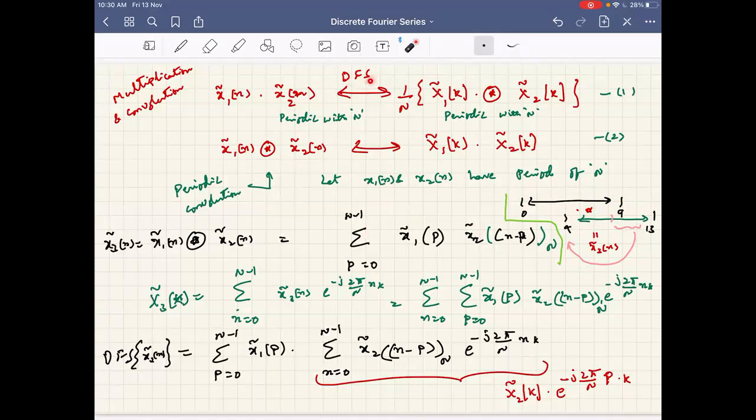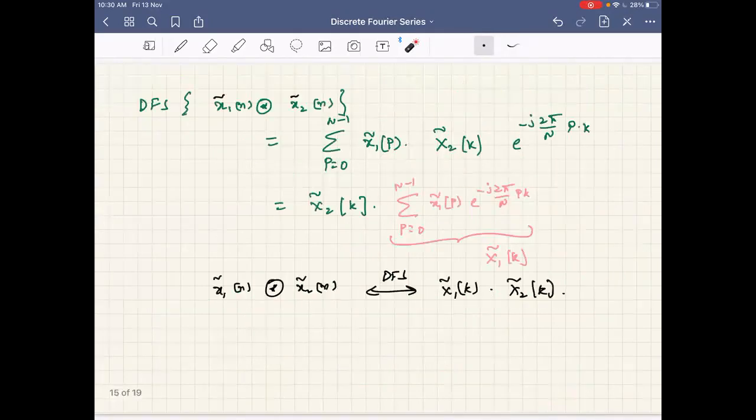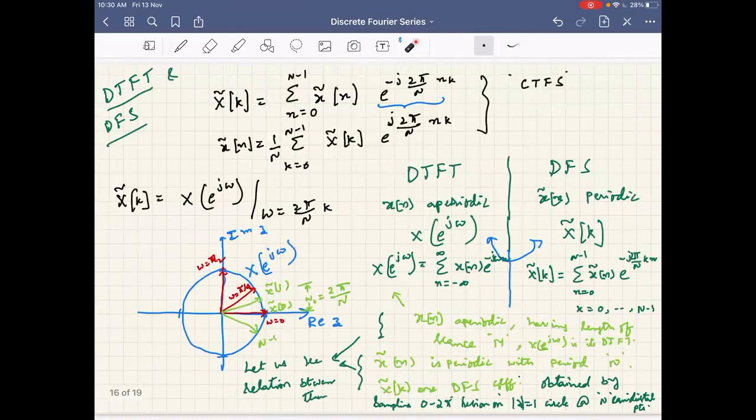Please note that the DFS gives an N sample sequence in time to an N sample sequence in frequency domain, and hence this periodic convolution is very apt, even from the number of samples point of view. We have seen with a little bit of mathematics how periodic convolution in time domain is multiplication in frequency domain. I will skip the derivations, which you could have seen.